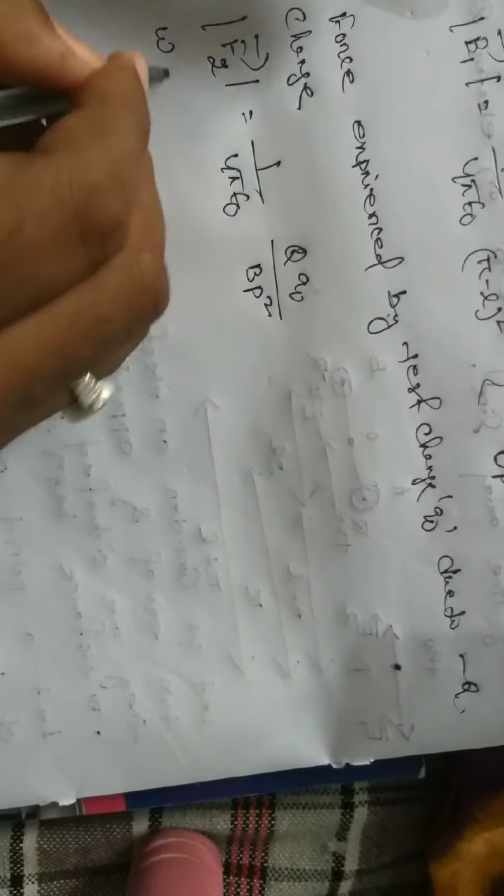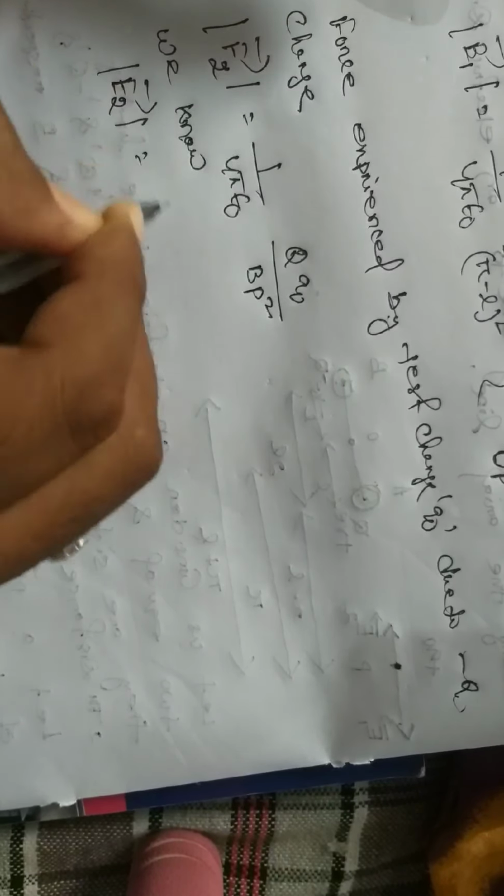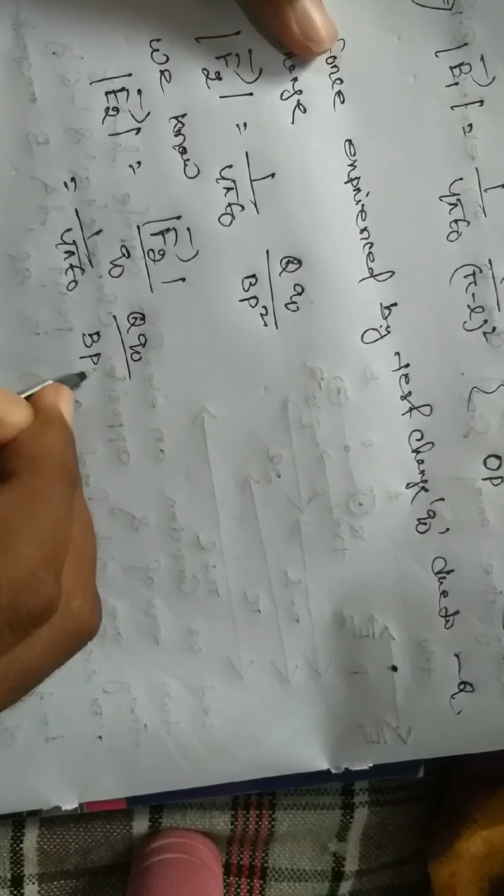So here we write the magnitude of E2 vector equal to the magnitude of F2 vector rho by Q naught. That means 1 by 4 pi epsilon naught Q naught by BP square divided by Q naught.